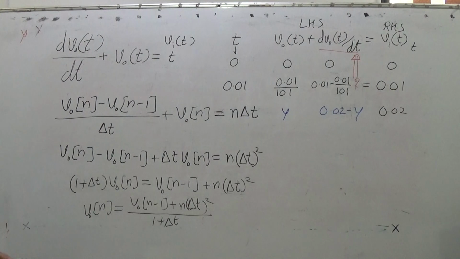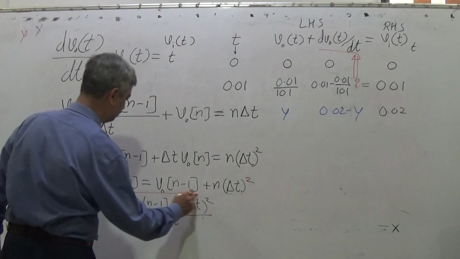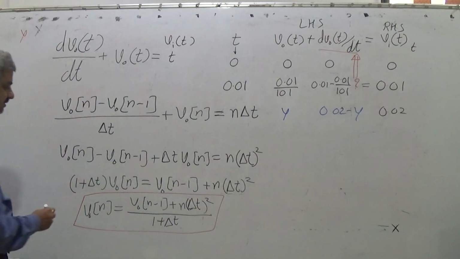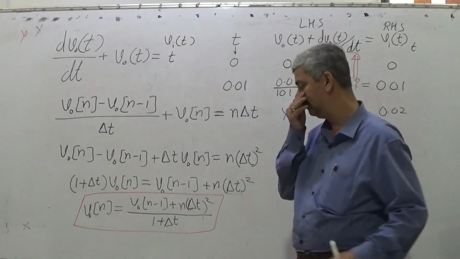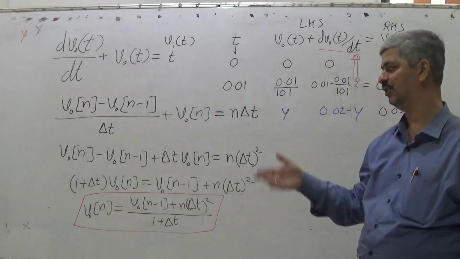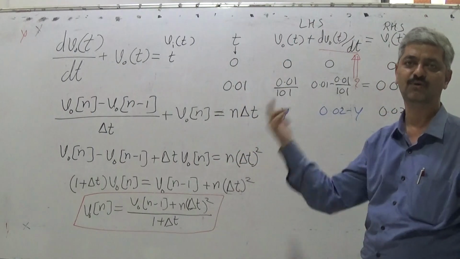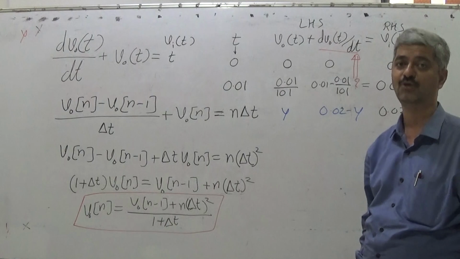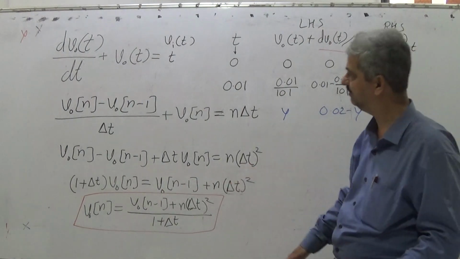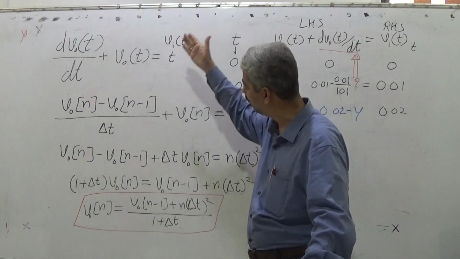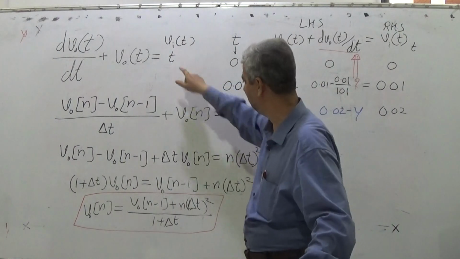With this method, you can write a program, using what you learned in data structures and algorithms, with delta t as 0.01, 0.001, and compute the values to see how the output will rise.